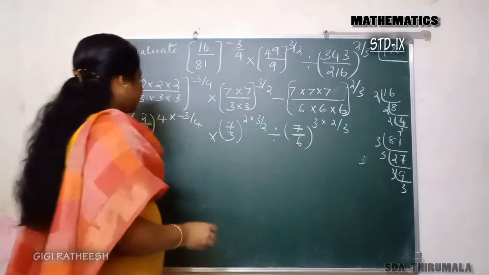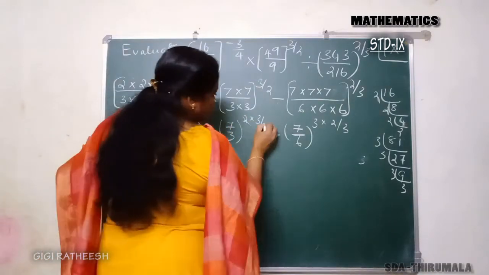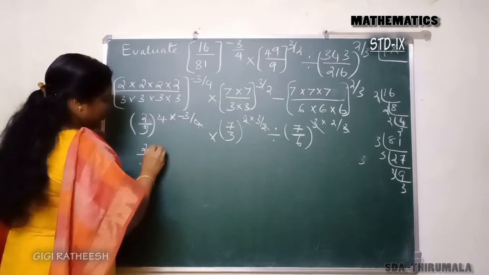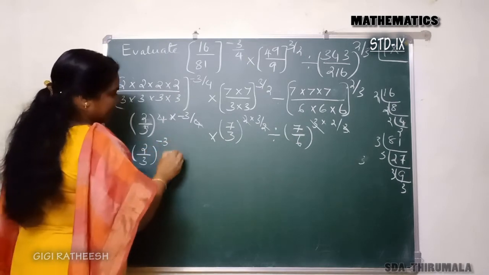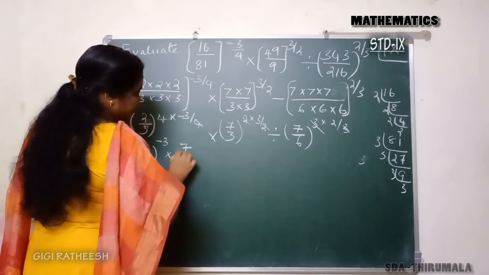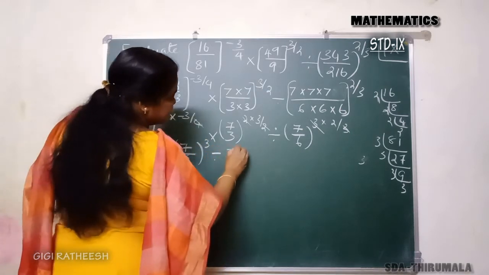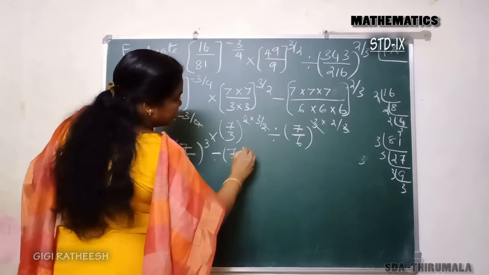Here the 4 cancels, 2 cancels and 3 cancels. Here we get 2 by 3 the whole raised to minus 3, into 7 by 3 the whole raised to 3, divided by 7 by 6 the whole raised to 2.